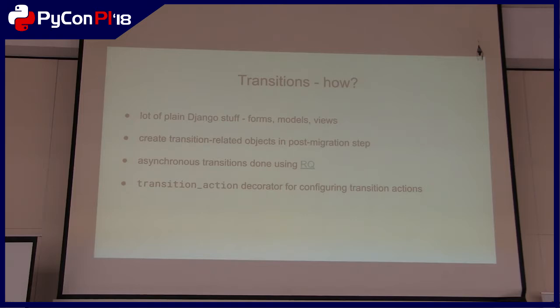Post-migration is a function that is executed in Django after running the migration of the application. As I said before, we used RQ to run asynchronous transitions, and we have a transition action decorator for configuring or decorating the function which will be available as a transition action.